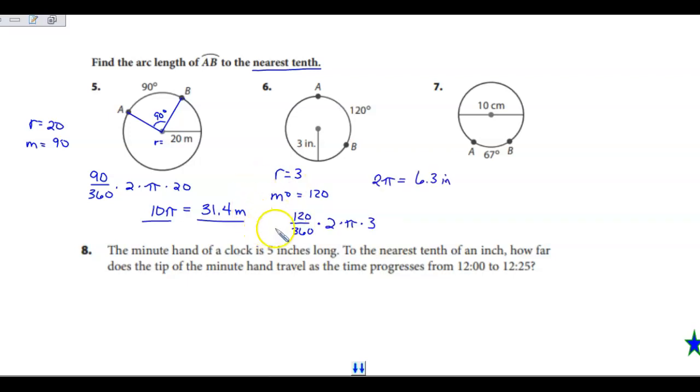Okay, you should have found that the radius is 3 and the measure of the angle is 120. Set it up in your equation. In terms of pi it would be 2 pi, and in simplified form it would be 3.6 inches rounded to the nearest tenth. We've already done one that was at 180 degrees for this portion, and then try 7 and 8 on your own. Please see your teacher if you have any questions.